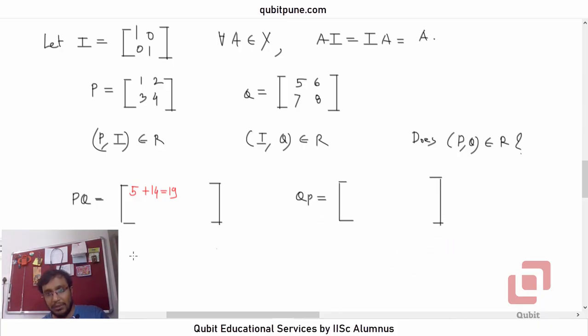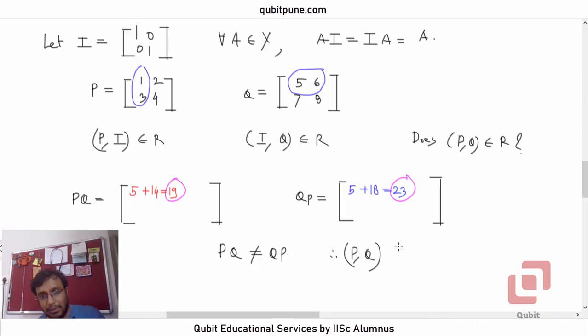For QP, we need to consider the first row of Q and first column of P. That will be 5 into 1 plus 6 into 3, so that's 5 plus 18, and that's 23. Because the very first element in both these matrices is different, PQ cannot be equal to QP, which means the ordered pair P comma Q does not belong to R.